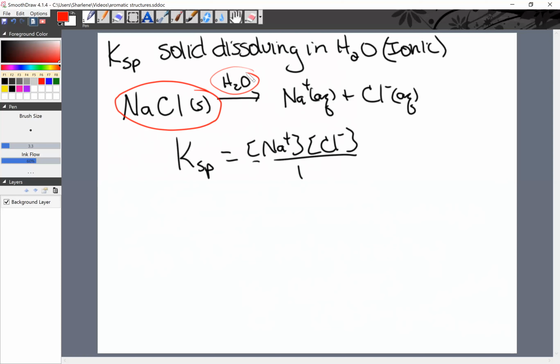Now, this one is interesting in that I only drew one arrow right here. All right, if you want to use an equilibrium expression, it has to be in equilibrium. And it has to be balanced.